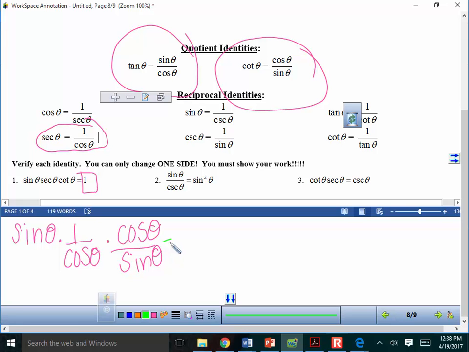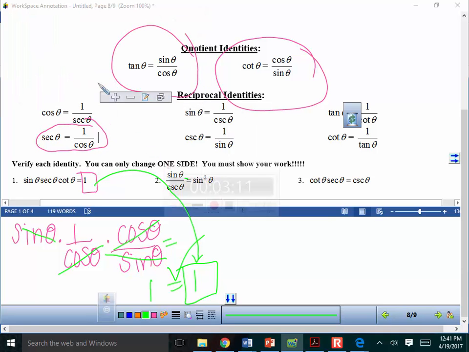So now, can we cancel stuff out? Sine of theta, cosine of theta, cosine of theta, and guess what we're left with? 1. So we have 1 is equal to 1. So we have just verified it. I'm going to let you write that down in just a minute. We're going to go back and see why 1 over tan of theta is not the best option for us.